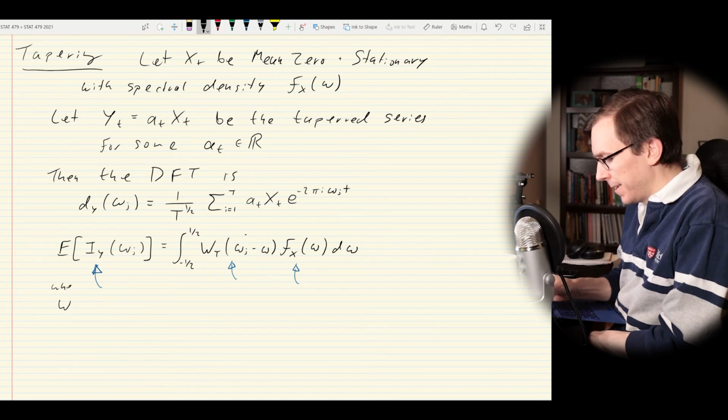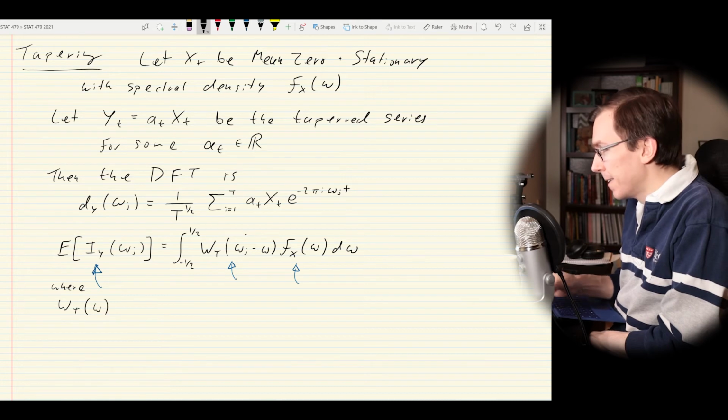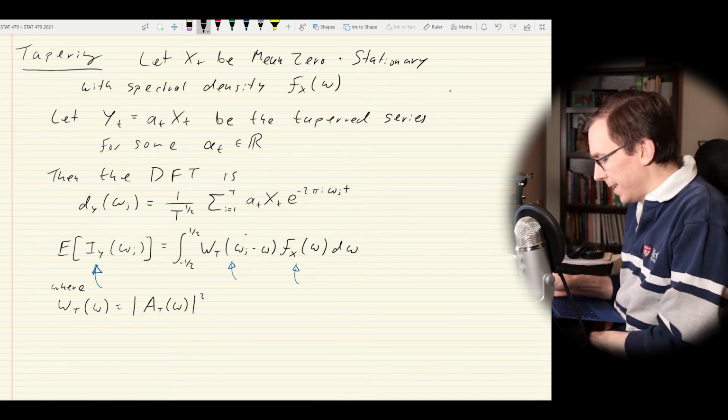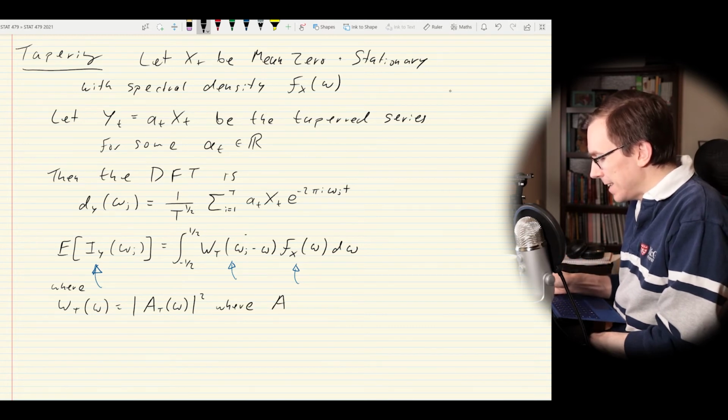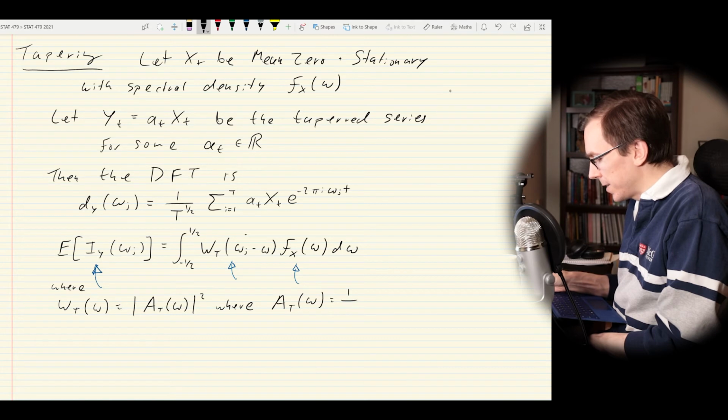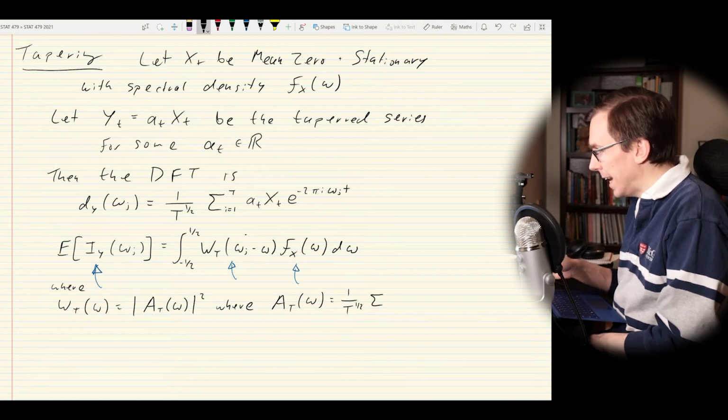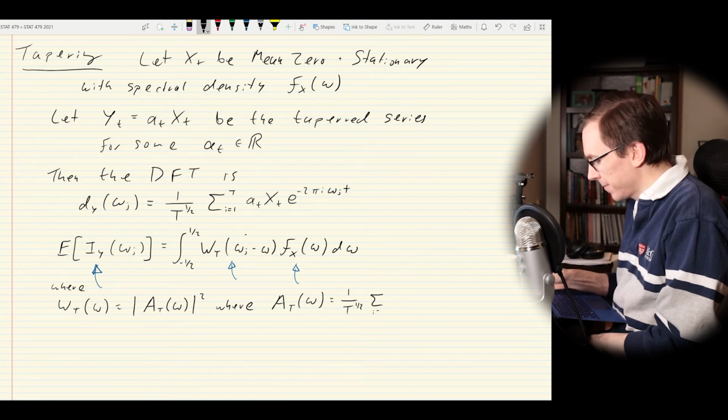We'll say where W_t of omega is going to be the squared modulus of A_t(omega), where, to continue our iterative wheres, A_t is like that thing we had before. It's going to be the discrete Fourier transform of our sequence a_t.